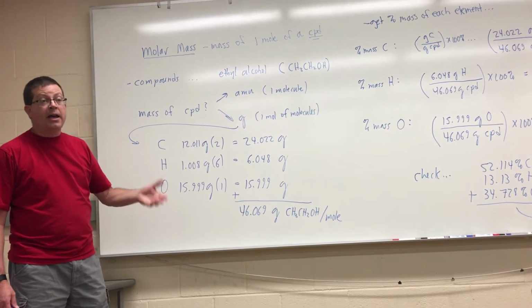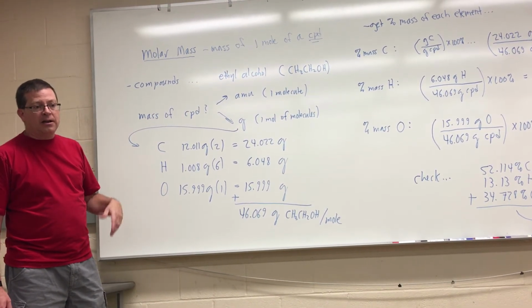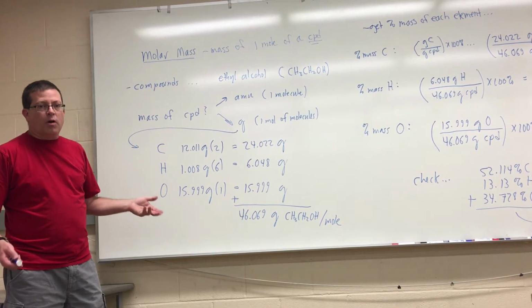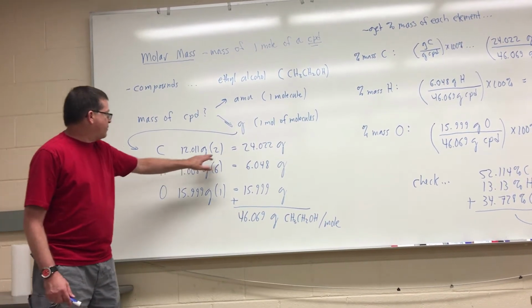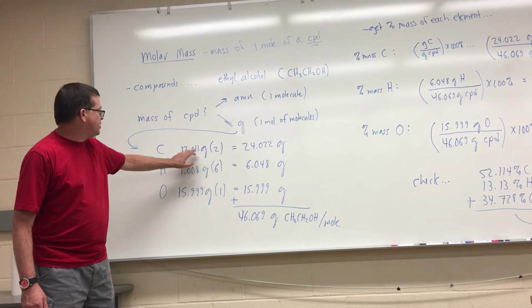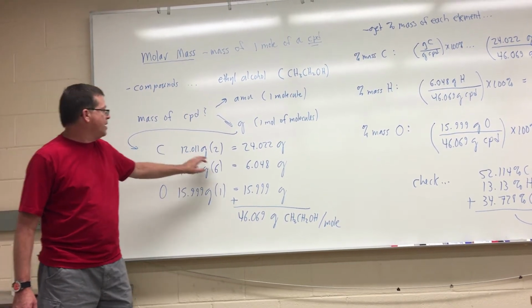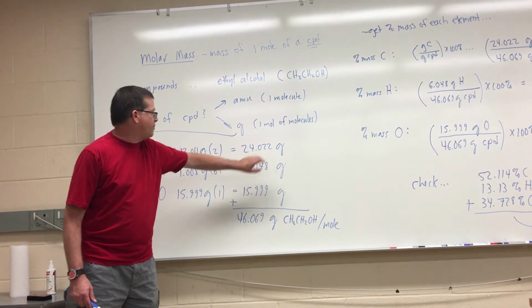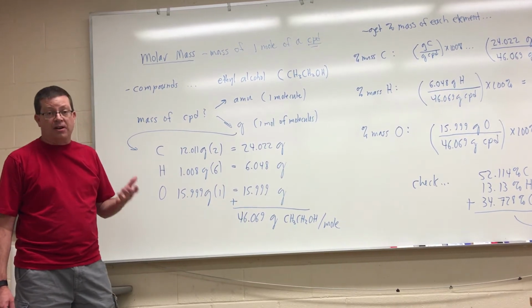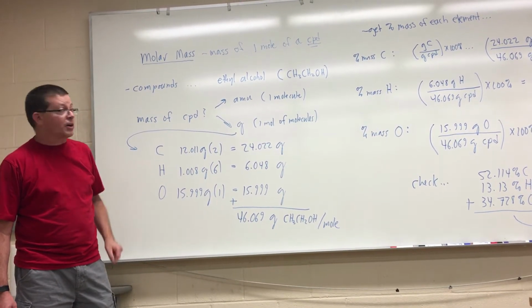Because we know that 1 mole of carbon has a mass of 12.011 grams of carbon. Okay, so I have 2 carbons per formula unit times the molar mass of carbon. So that gives me a total mass of 24.022 grams of carbon in 1 mole of the compound.